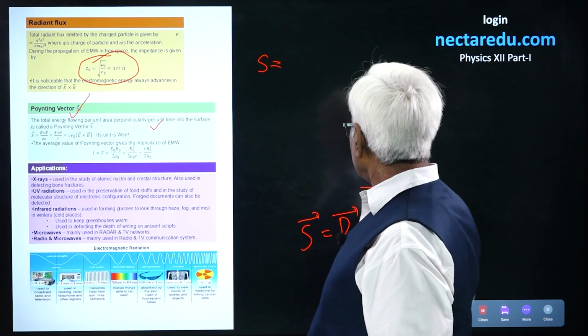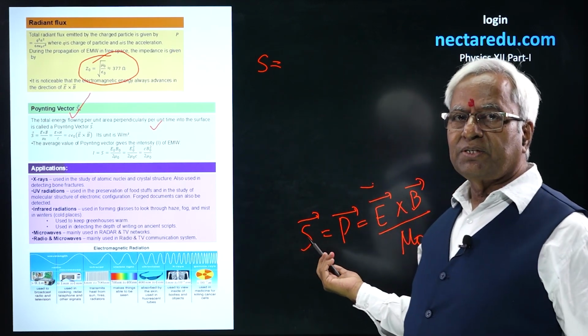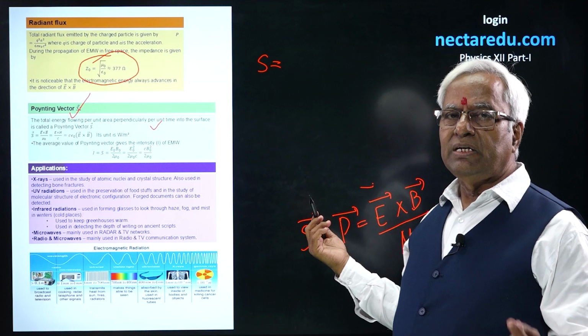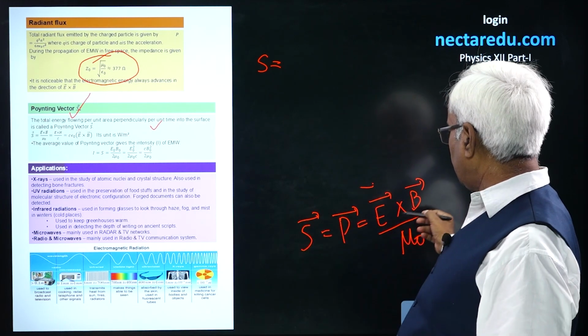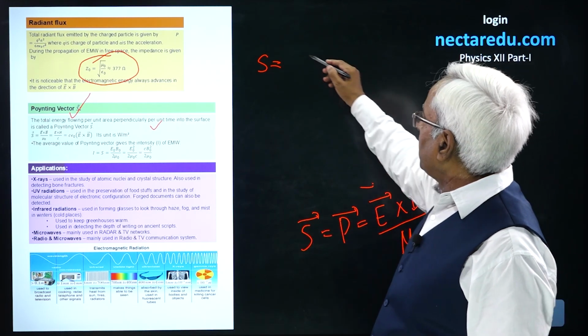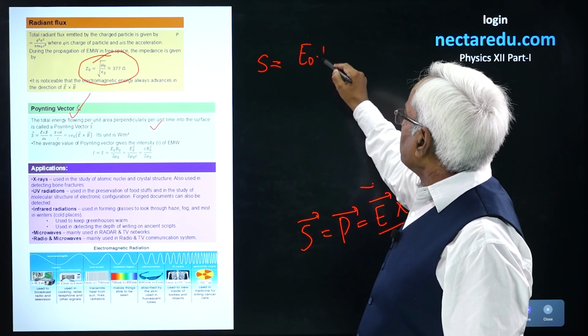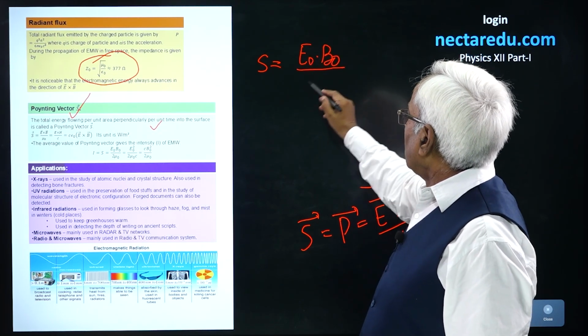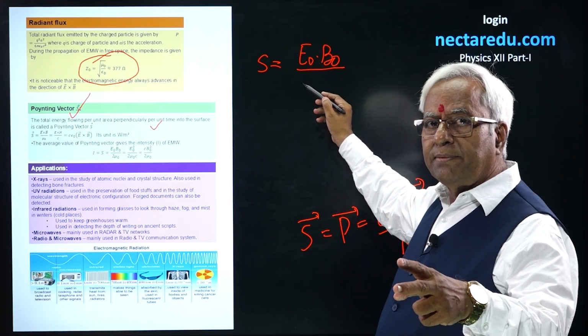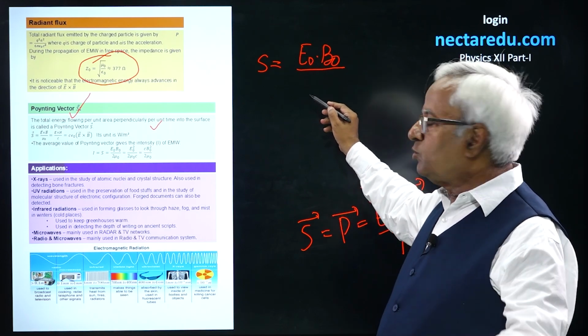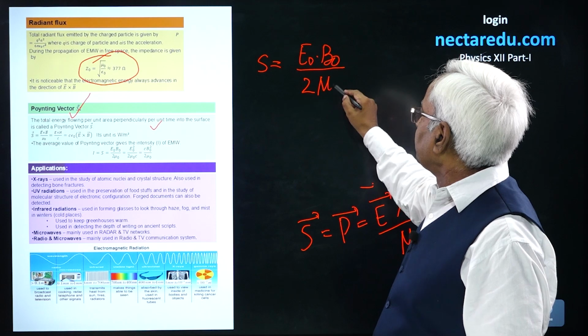You see, E, the RMS value, is equal to E naught upon root 2. Similarly, here also B naught upon root 2. That way you have root 2 twice, which is going to be equal to 2. So it becomes this expression.